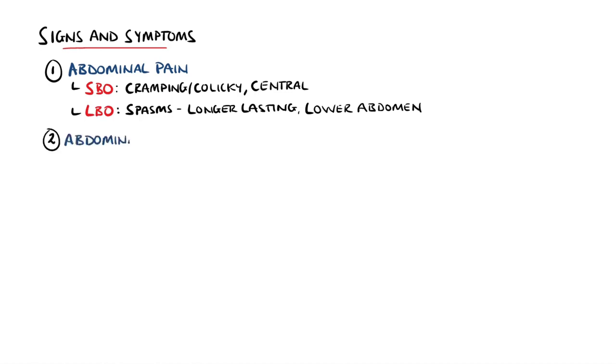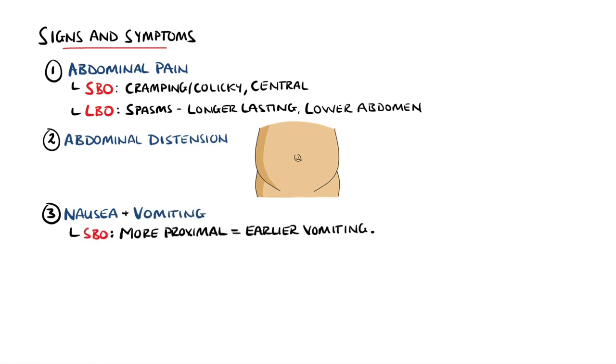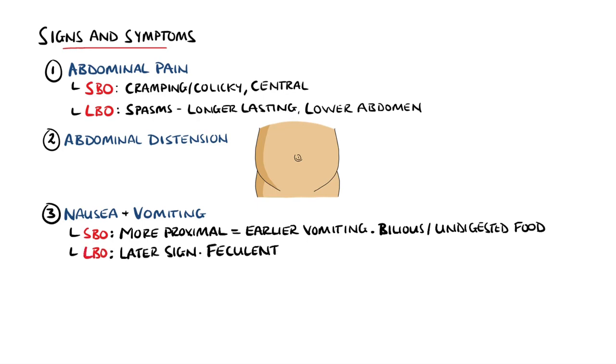This pain is often accompanied by abdominal distension. Vomiting is also likely, with proximal obstructions suffering from vomiting earlier than more distal obstructions. Also, patients with obstructions in the small bowel are more likely to vomit bilious material or even undigested food contents, while in large bowel obstructions, vomiting may be feculent.